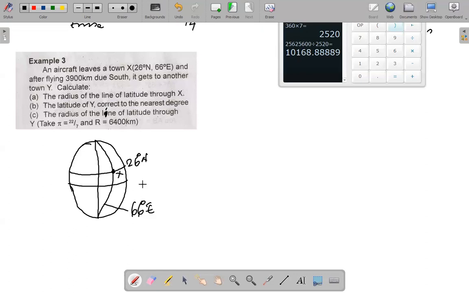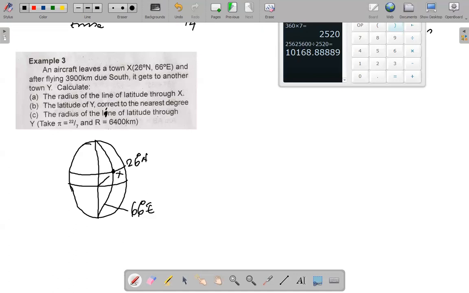Now, say an aircraft left X and, after flying 3,900 kilometers due south, it gets to another town. In this case, we don't know the latitude, so I'm going to use a dotted line.